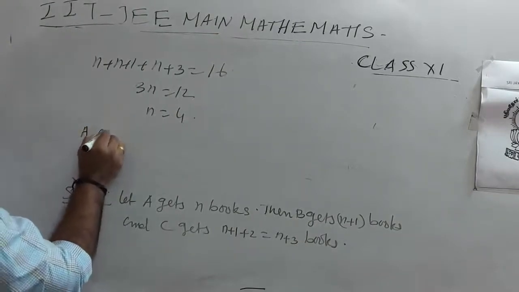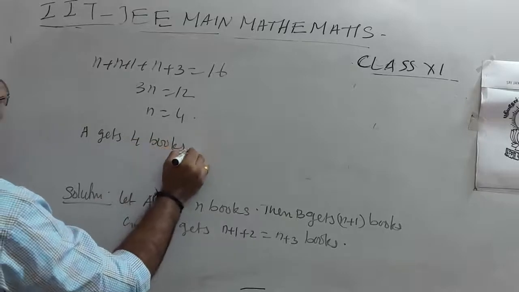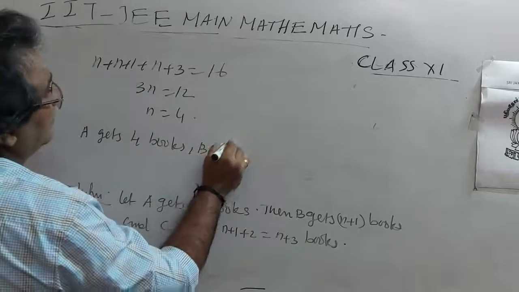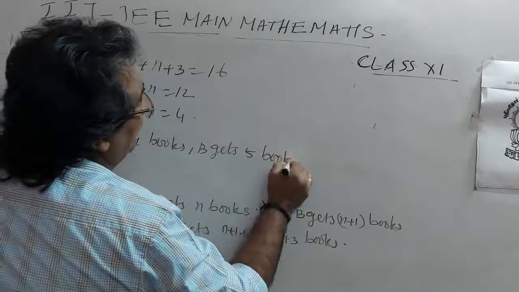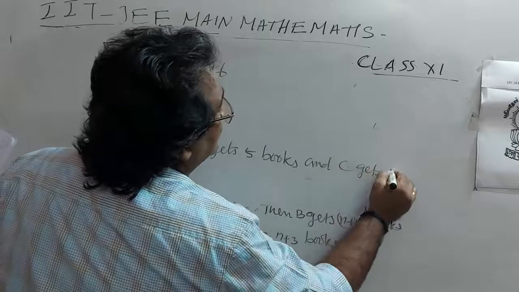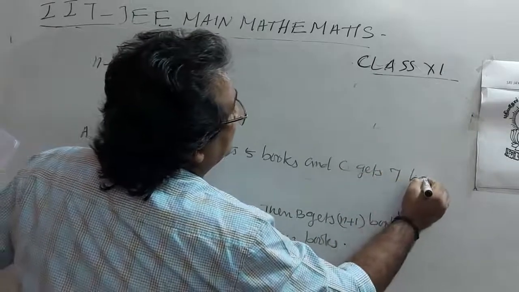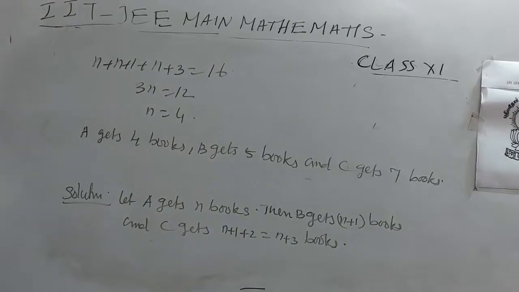So A gets 4 books, B gets 5 books, and C gets 7 books.